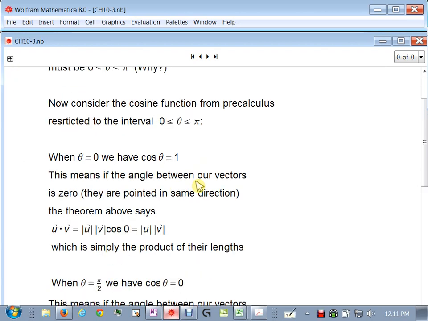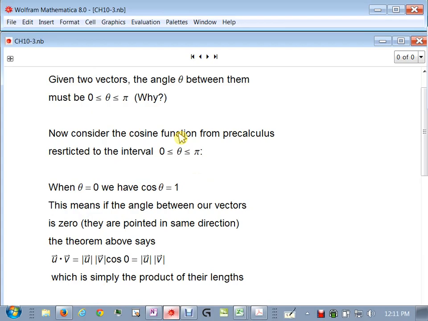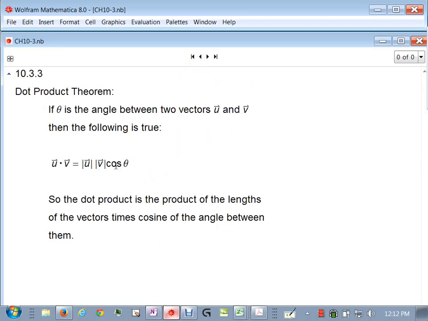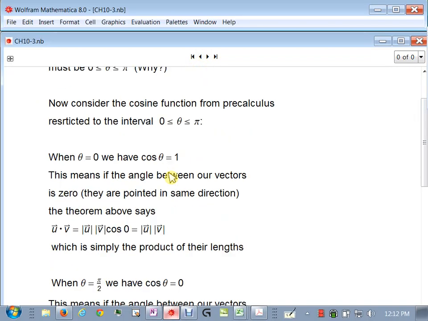Now let's talk about what happens to the cosine function, because cosine is in this formula. What happens when the angle is 0? That's the angle between the vectors, so they are pointed in the exact same direction. If your angle is 0, what's cosine? Cosine is 1.